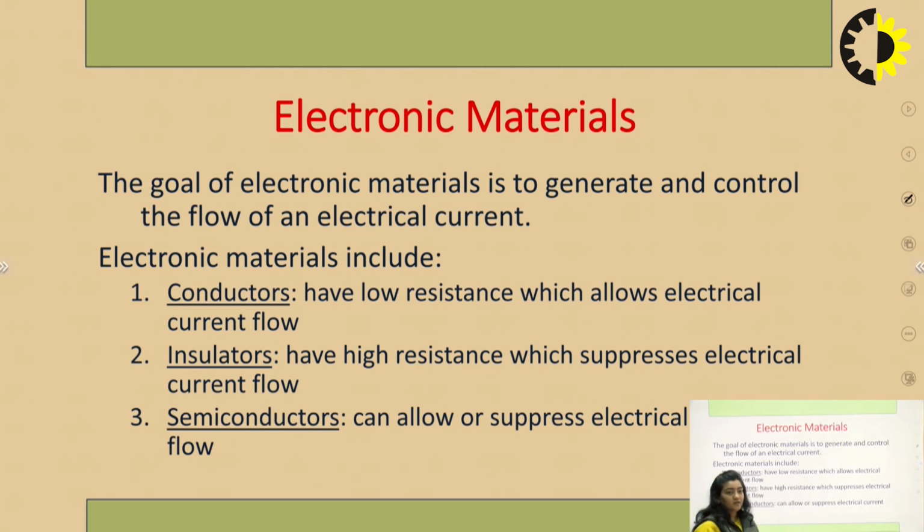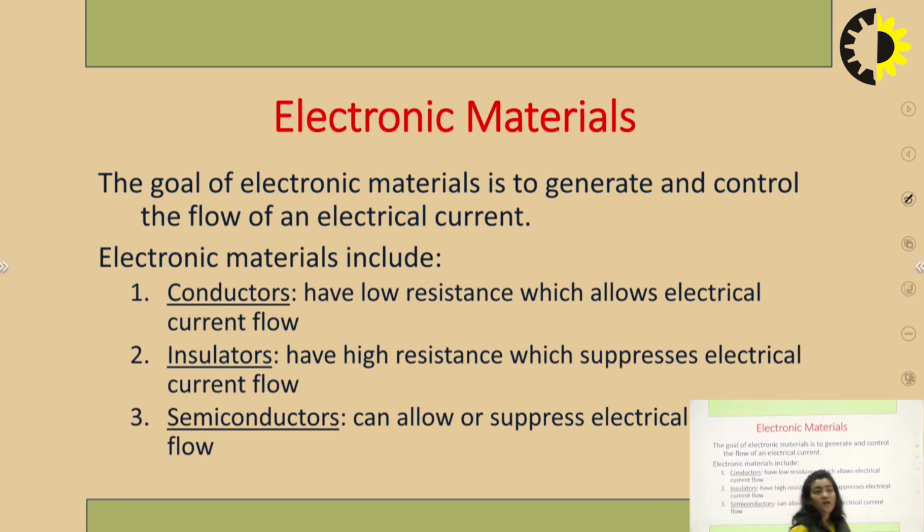Resistance is the capability of a material to restrict the flow of electrons through it. So conductors are materials which do not restrict the flow of electrons that much, so they have very low resistance.